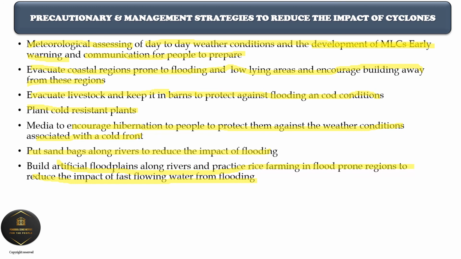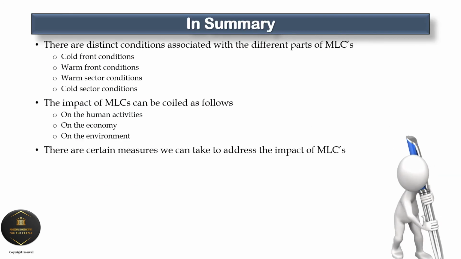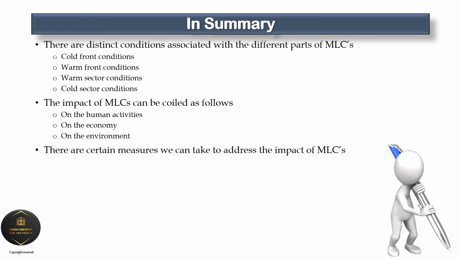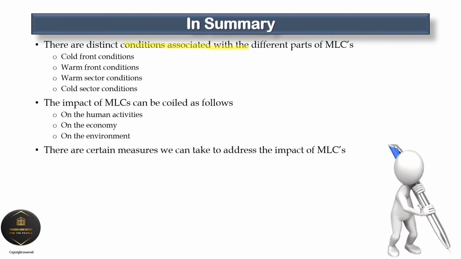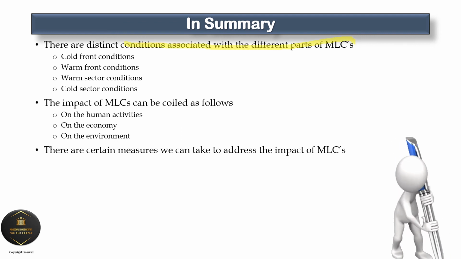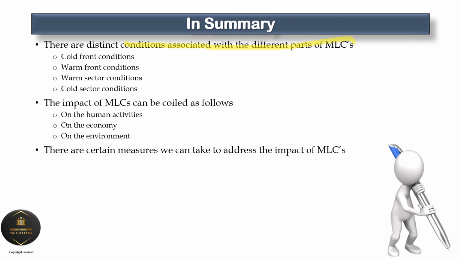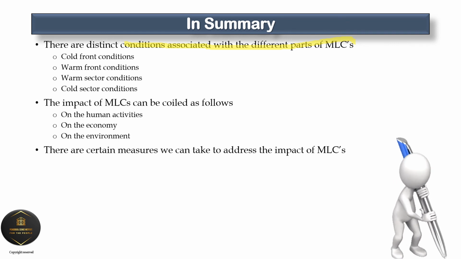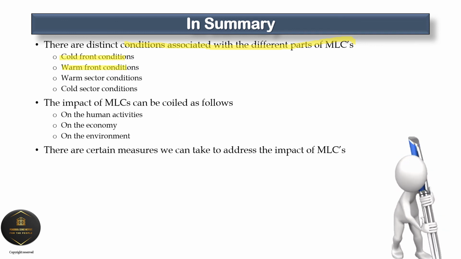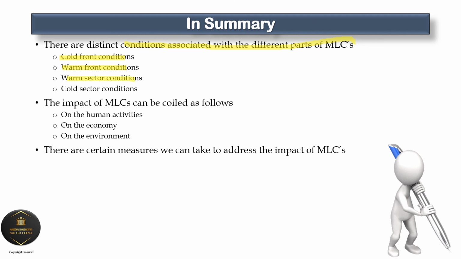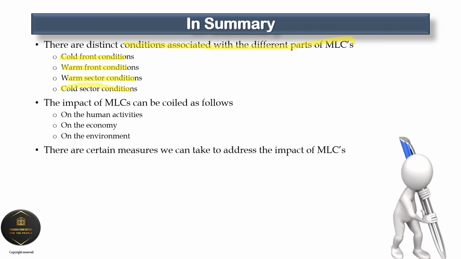Now let us summarize quickly. Now in summary, remember the first part of the lesson was looking at the associated weather patterns with the different parts that make up a mid-latitude cyclone. So we looked at conditions associated with the cold front, conditions associated with the warm front, conditions associated with the warm sector and the cold sector.